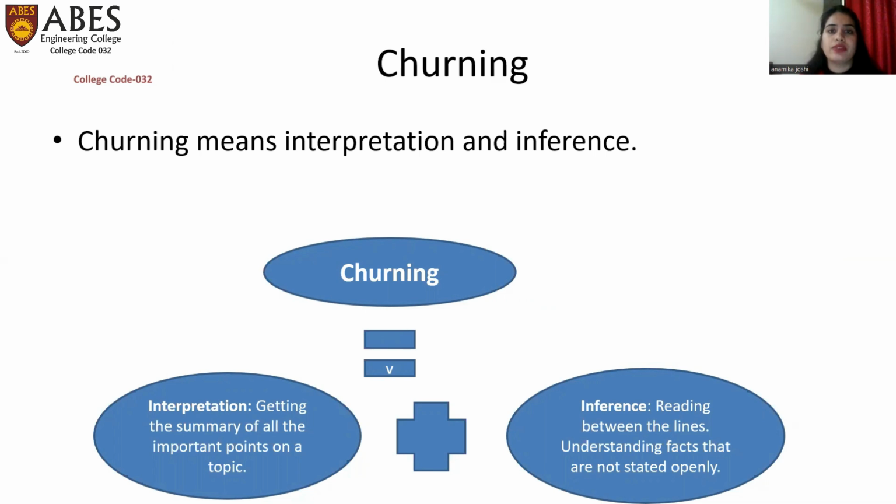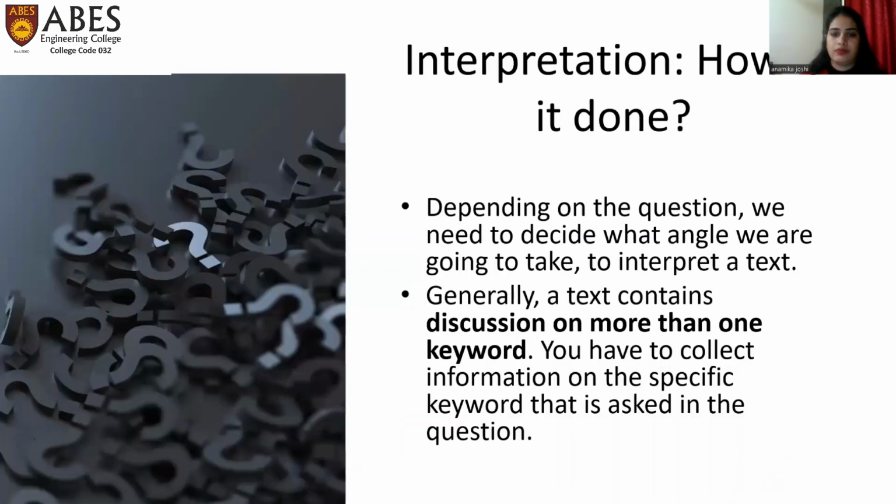In inference, we are finding the conclusion, what the writer wants to say in a particular reading material. With skimming and scanning, we came to know the style, who the end user or audience is, and what text type they have used. In churning, we will understand the basic concept, what the writer wants to say in that reading material, and the purpose in detail.